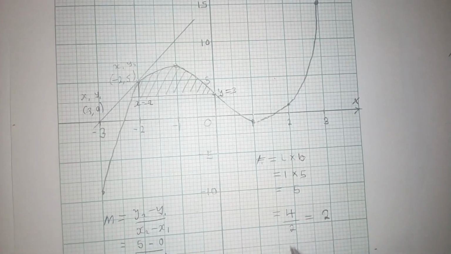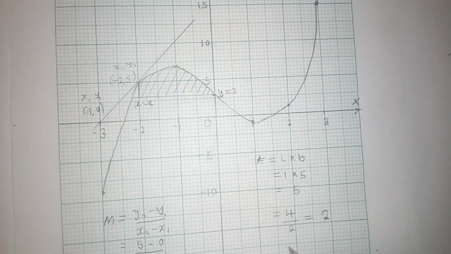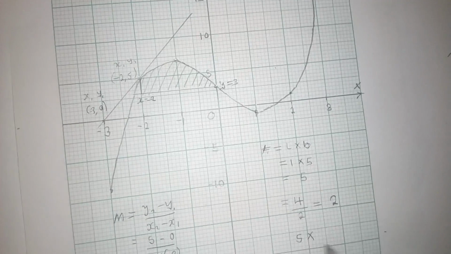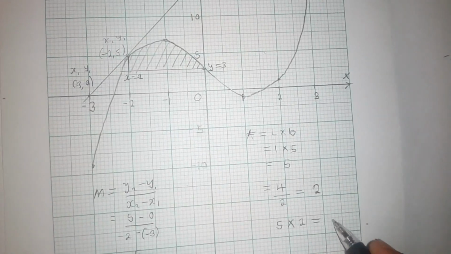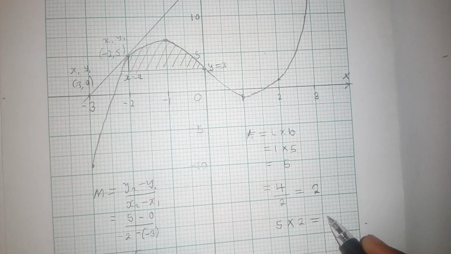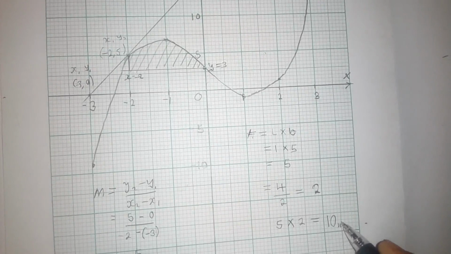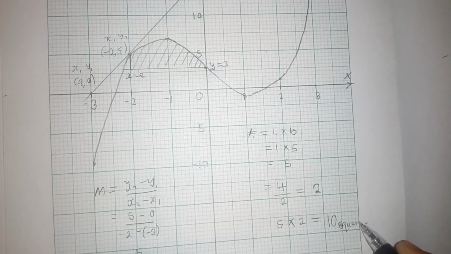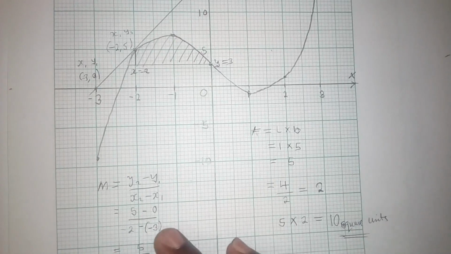Okay. So now these 2, we're going to use it together with this area. We'll say 5 times these 2, which is equal to 10 square units. So this is the area.